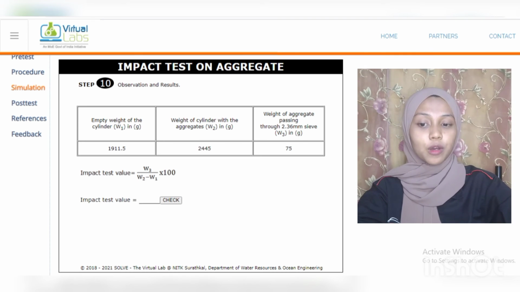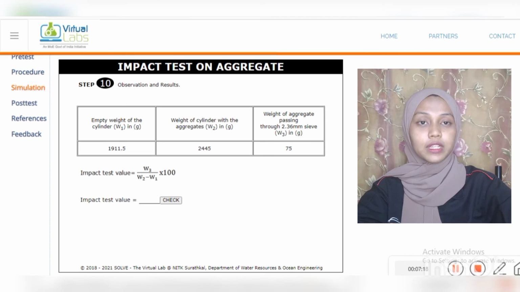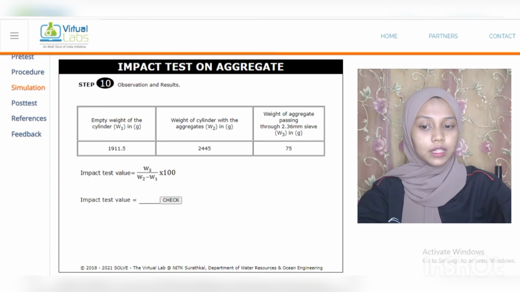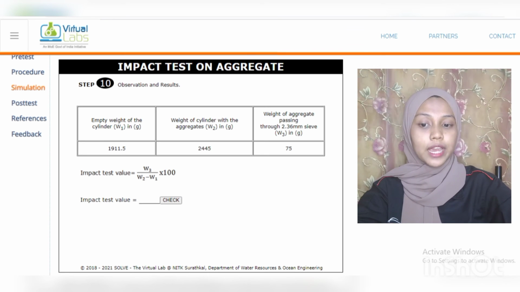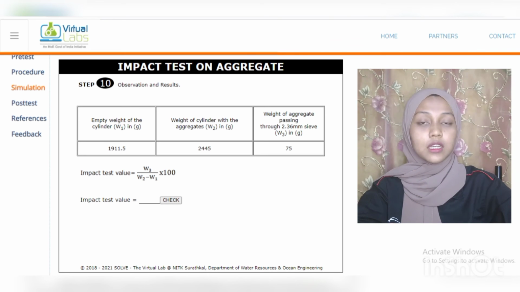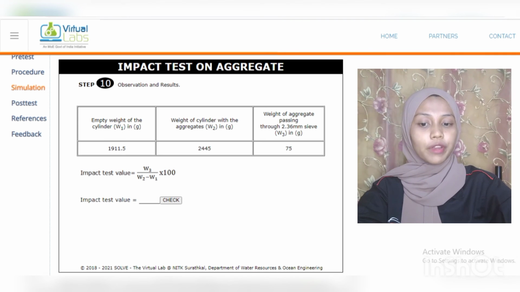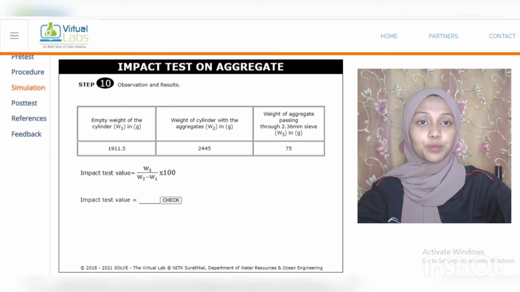Step 10. Observation and result. Empty weight of the cylinder is 1911.5 gram. And weight of cylinder with the aggregate in gram is 2445 gram. Weight of aggregate passing through the 2.36 mm sieve in gram is 75 gram.